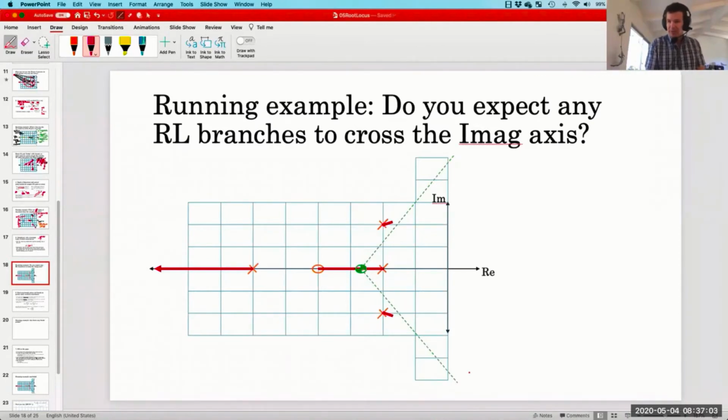Because unstable poles will dominate stable poles: a stable pole will give rise to a decaying mode, and an unstable pole will give rise to a growing mode. And so the growing mode will always outweigh the decaying mode. So we'll definitely get dominant pole behavior, especially when the closed loop poles cross into the right half plane.